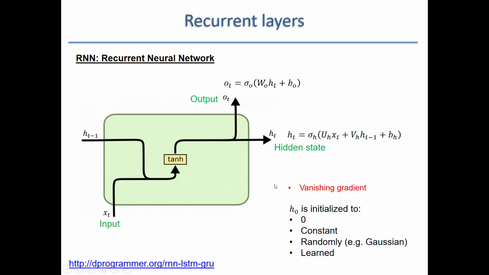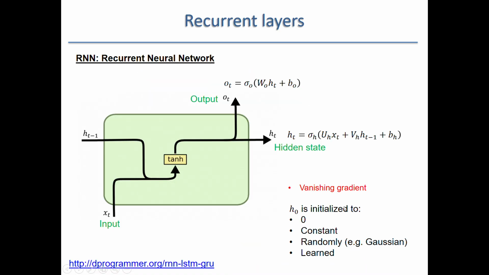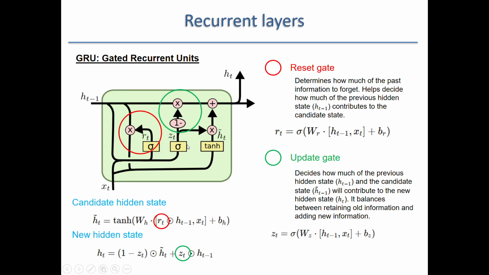Also, a comment: the very first element in the chain you have to initialize to something. Typically it is 0, or a constant, or random, or you learn it as a parameter. So this layer had the problem of the vanishing gradient.